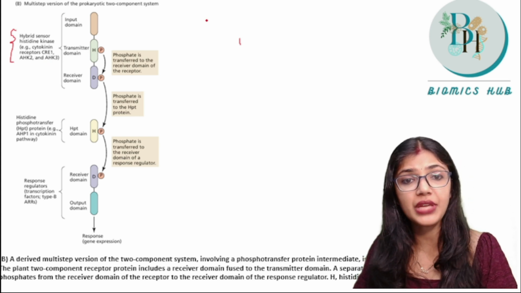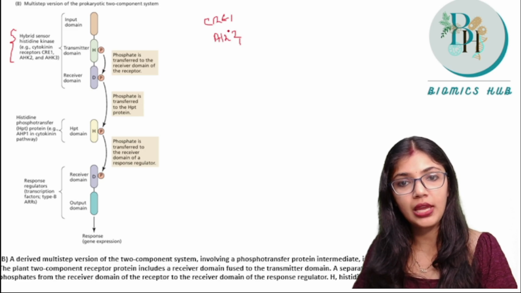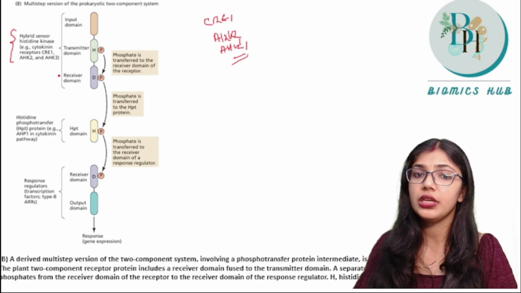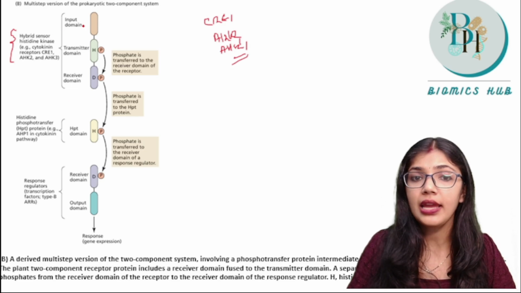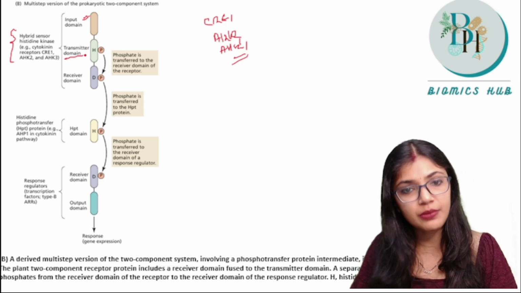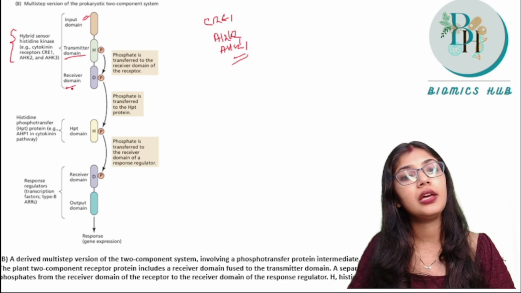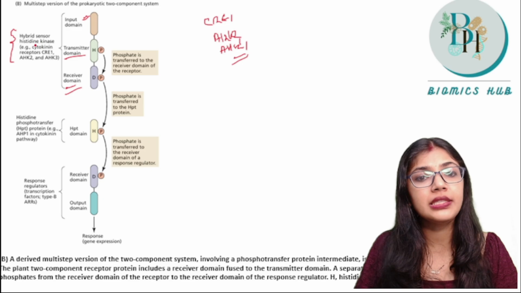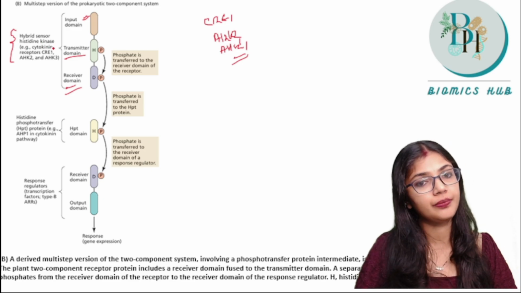The receptors of cytokinin can be CRE1, AHK2, AHK3 or AHK4. Here there are three types of domain: an input domain, a transmitter domain, and a receiver domain. So this is known as hybrid sensor histidine kinase.